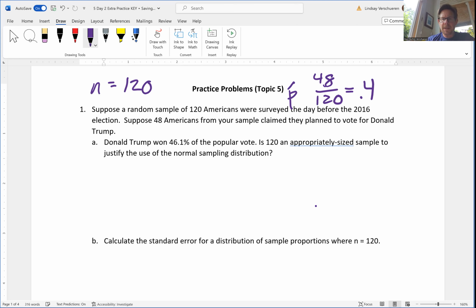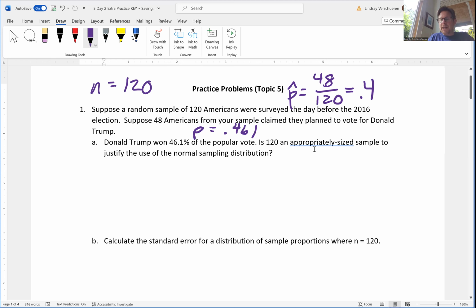And just to clean this up, that is the sample proportion. So we actually won't use that right away, but it's good to just take stock of what you've seen so far. It next goes on to say that Donald Trump won 46.1% of the popular vote. So I'm just going to add that we now also have the population proportion.